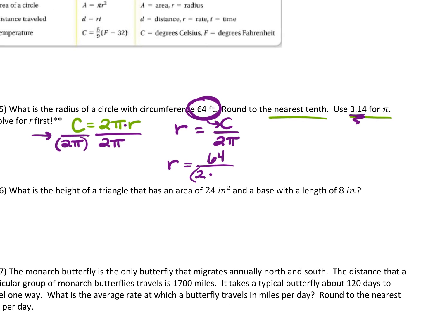So just do 2 times 3.14. But make sure that you put parentheses around that. And then from here, try plugging that into your calculator and let's see how you do. 6.28 is the 2 times 3.14. What is your radius going to be?